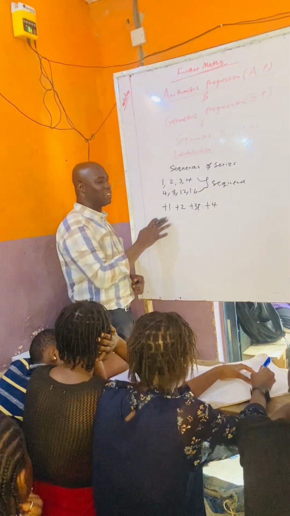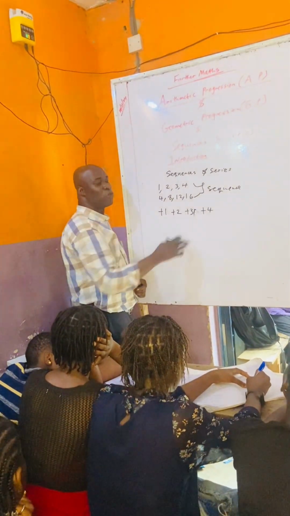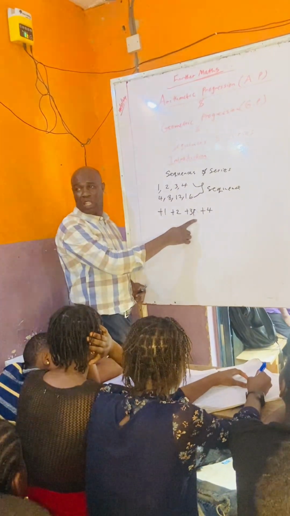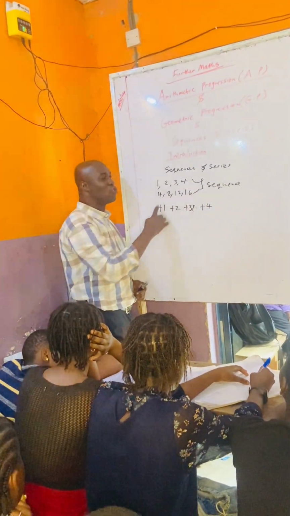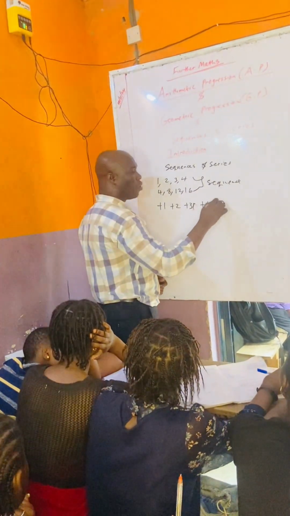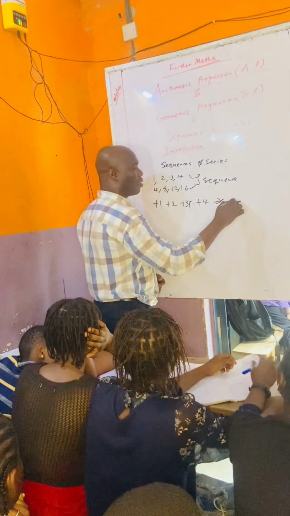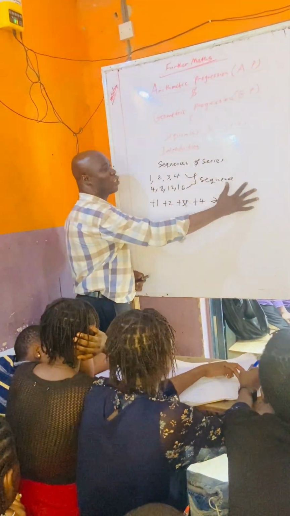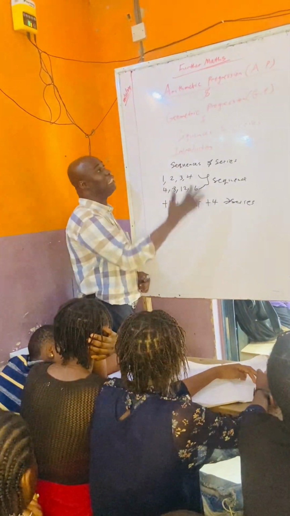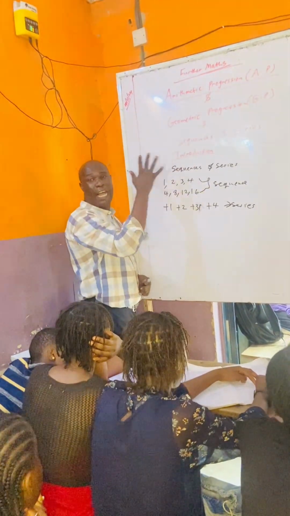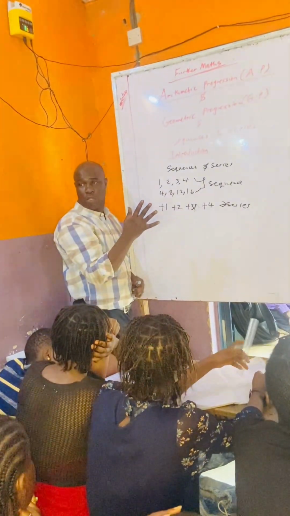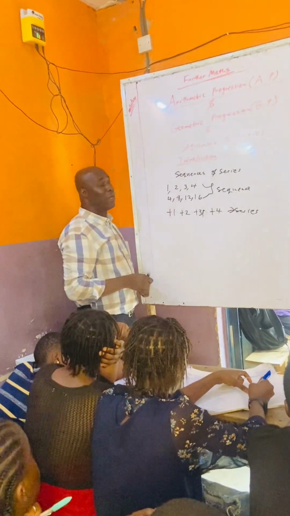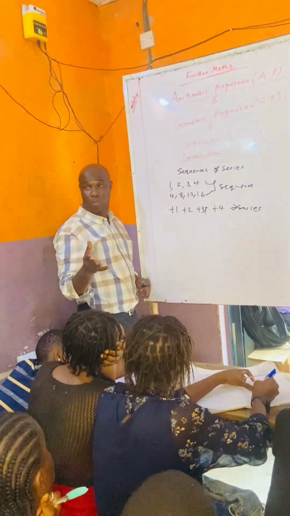You can see the difference is what? 1. But because of this sign, it has made it what we call series. And they are just a fractional part of what we do in AP and GP. Is that clear now? Good. So now we are doing a kind of introduction.